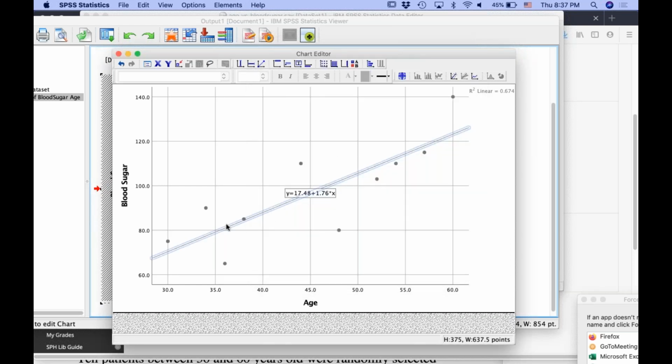And what it did is it created a line that best fit all of these different values. Now, I'm going to give you kind of an abbreviated, simplified version of what's going on here. What's going on is it's not just looking at the difference. It's trying to place this line so that the distances to the values that are above it sum up to the same as the distances to the values below it.